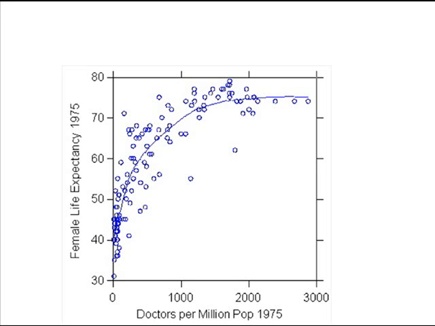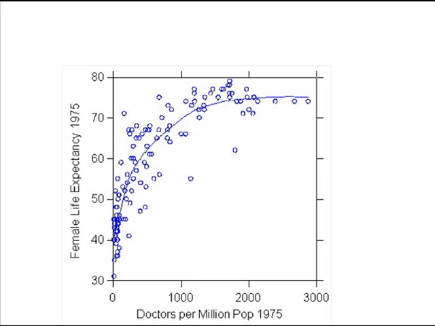However, at approximately 2,000 doctors per million, the life expectancy of the female does not increase as you add more doctors. It levels off, and that is the phrase we would use. So this is a nonlinear system, and we identify what happens.